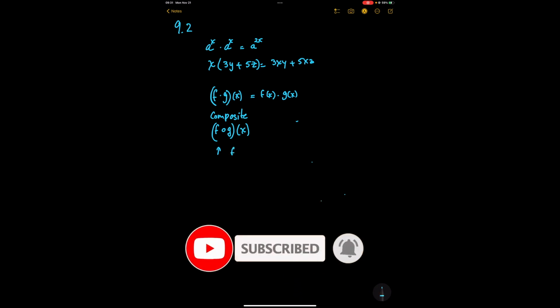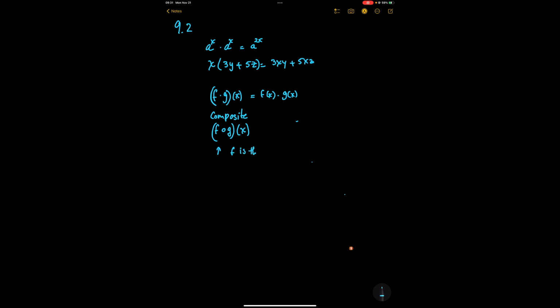So f is the bigger function, and that g is inside f. Alright? So in a sense, it's basically f of g of x.